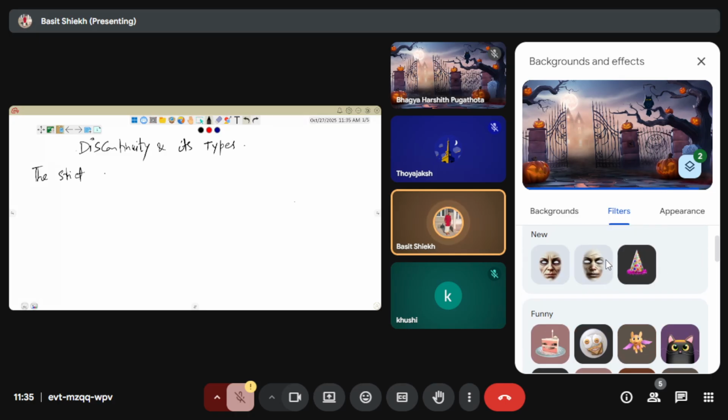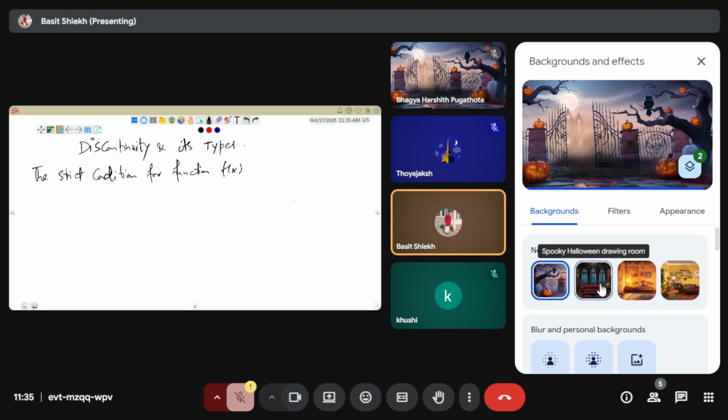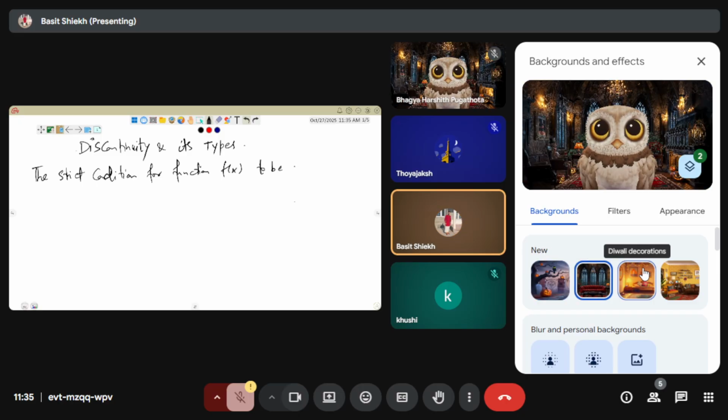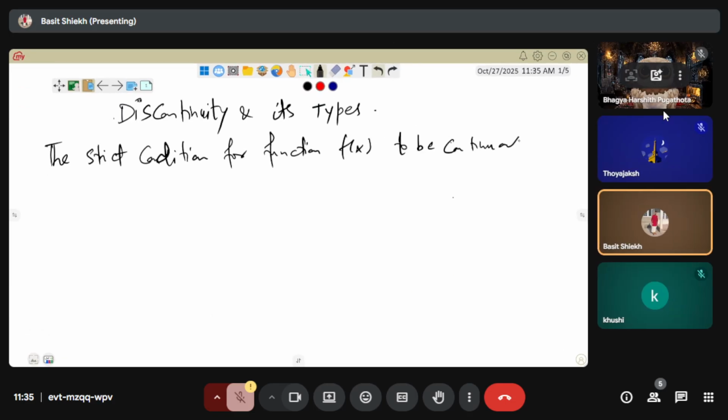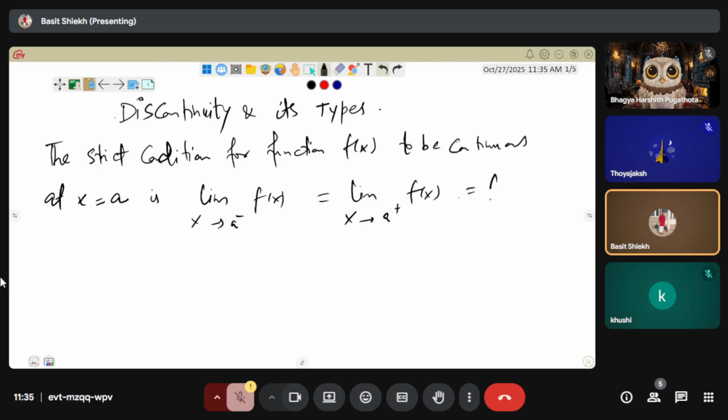The strict condition for function f of x to be continuous at x equals a is limit x going to a minus f of x equals limit x going to a plus f of x equals f of a.